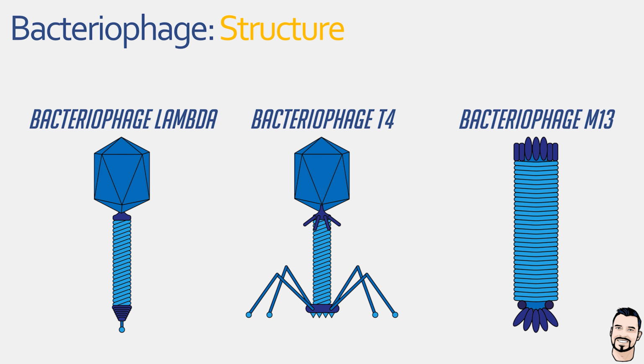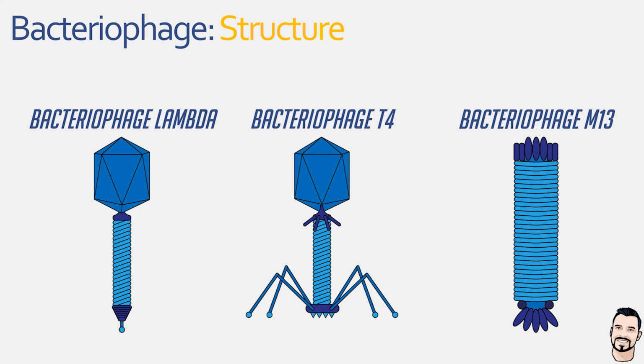And we also have bacteriophage M13, which again infects Escherichia coli and is completely different, with a helical filamentous shape. Additionally, some look very similar but infect different bacterial species, so bacteriophage SP01 for instance looks very similar to bacteriophage T4 but it infects Bacillus subtilis.